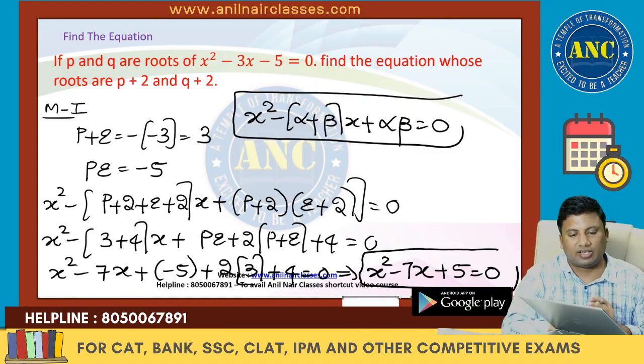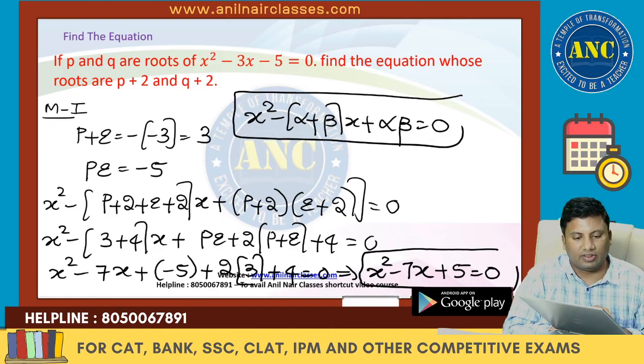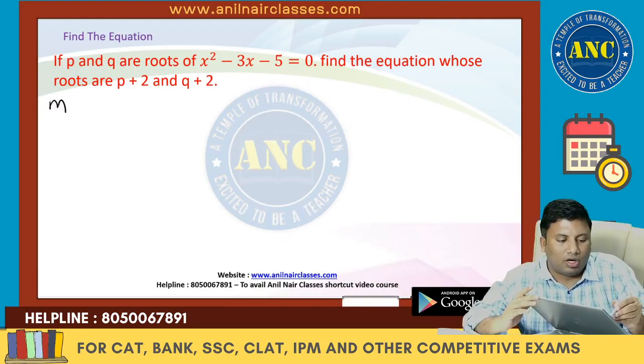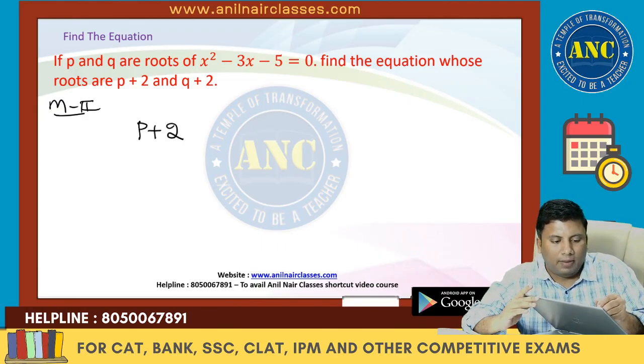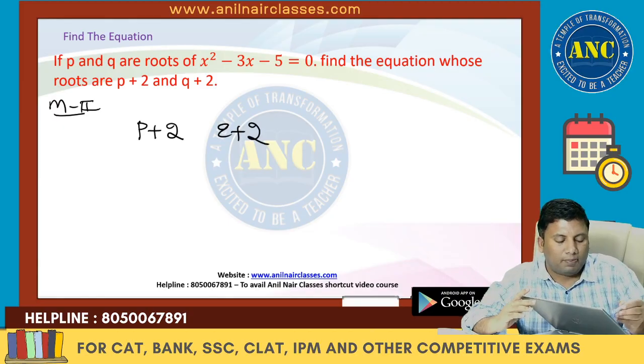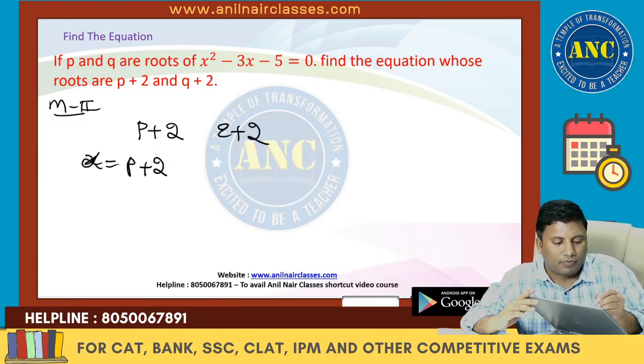Now see here, this is one way, and there is another way, method 2. Method 1 we already know. Now I want the roots p plus 2 and q plus 2. So let alpha equivalent to p plus 2, beta equivalent to q plus 2.